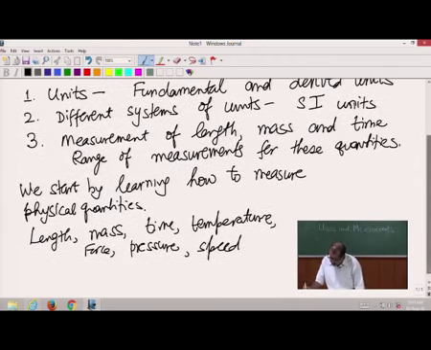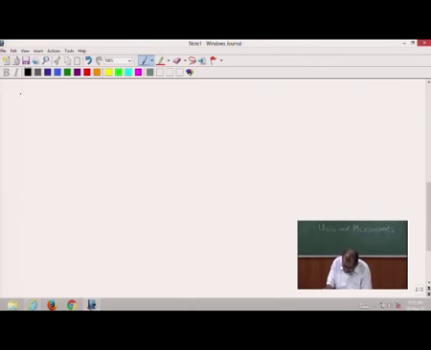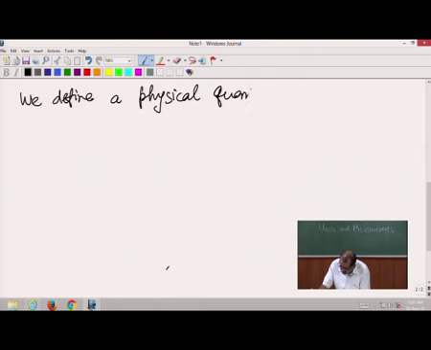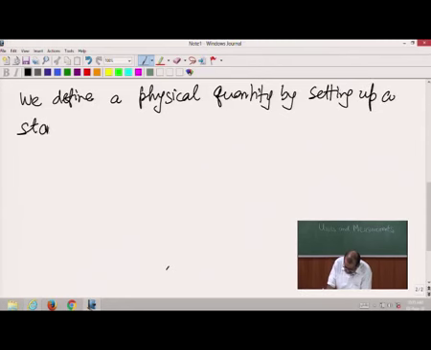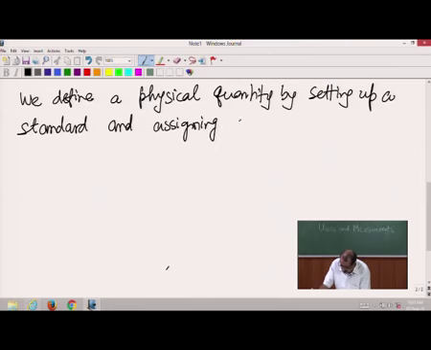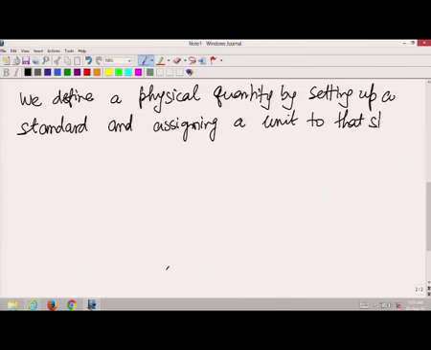So, what we do is, we define a physical quantity by setting up a standard and assigning a unit to that standard.